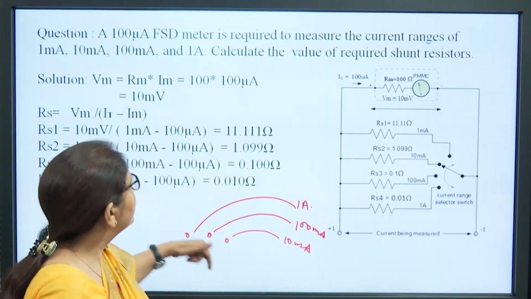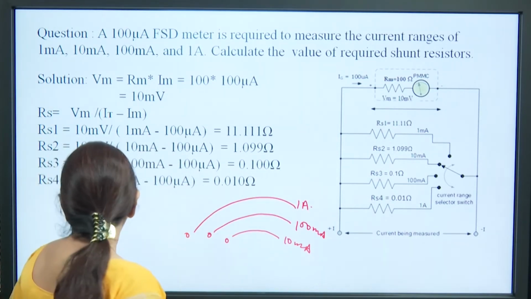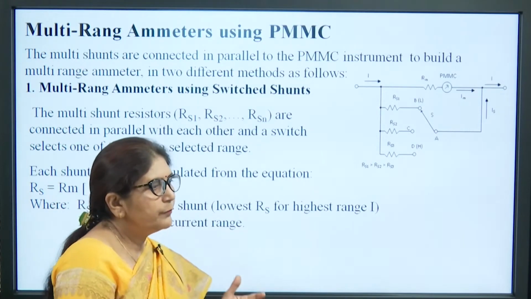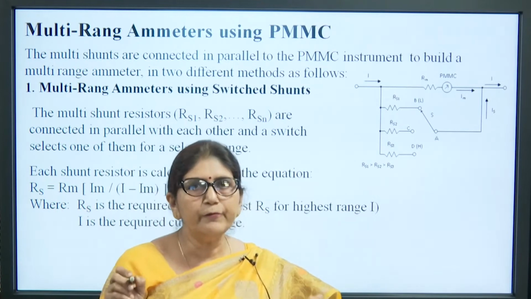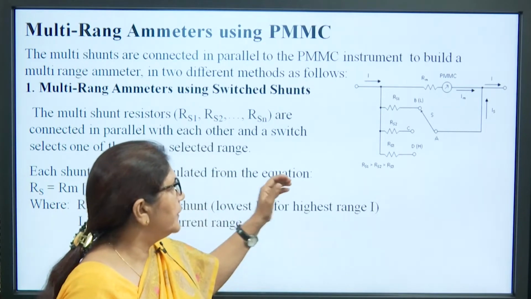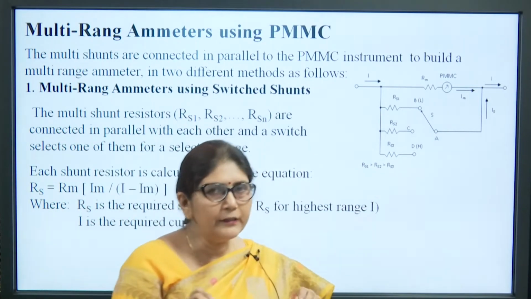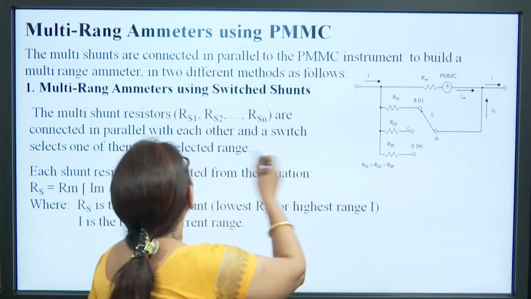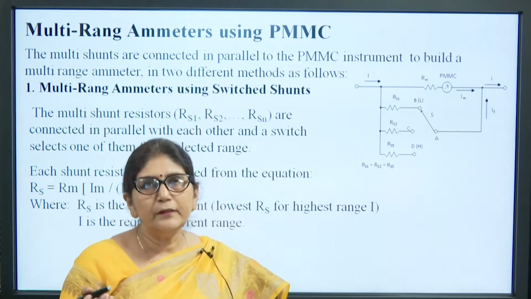So, for this reason we have to make a meter that can measure many values of current. So, for this we need to place shunt resistances of multiple values. So, here this is a multi-range ammeter.